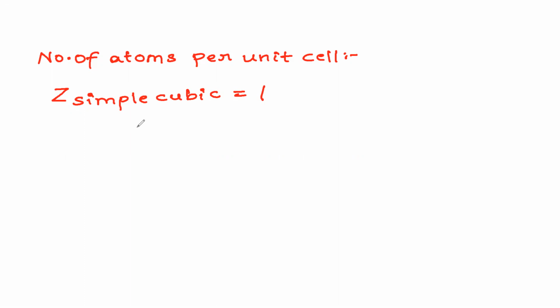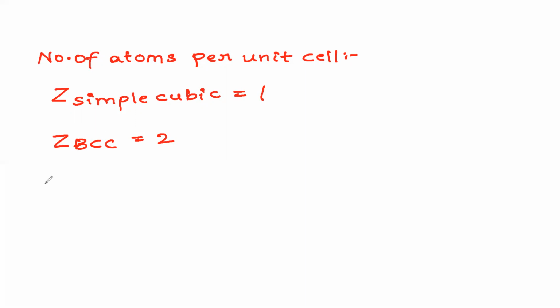Similarly, Z for BCC is equal to 2. One is at the center and the other is at the corners. What is a BCC unit cell? A unit cell in which the atoms or ions or molecules occupy all the corners, and one is at the center. So corners 8 into 1/8 and one at the center, that is 1. So total it is 2.